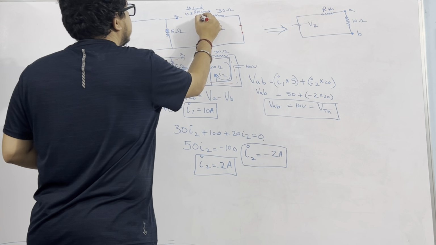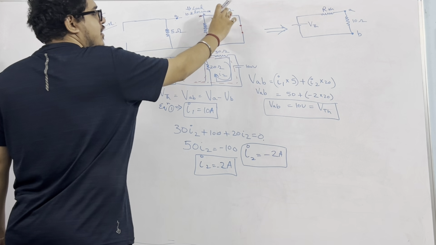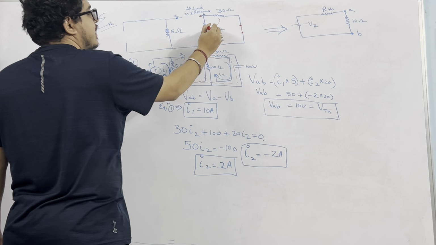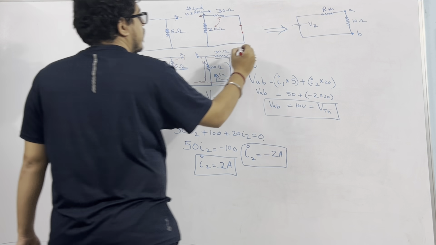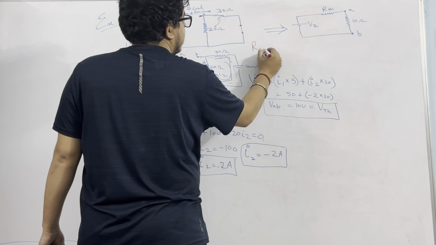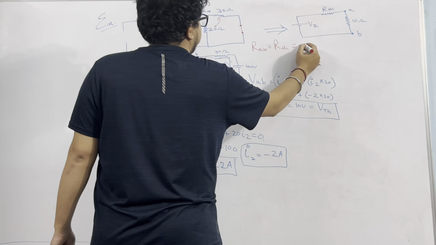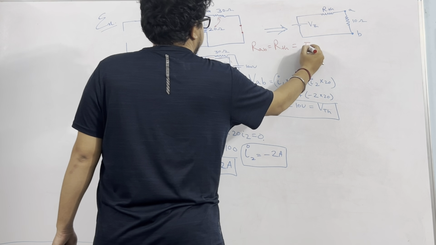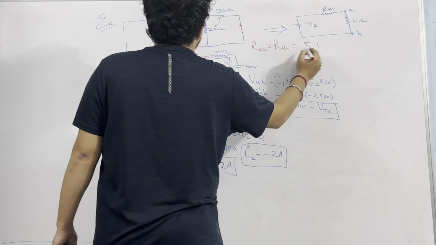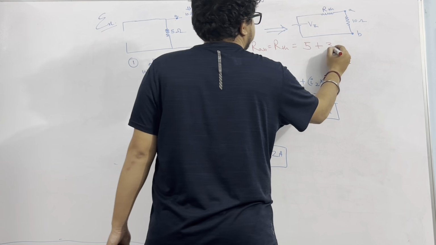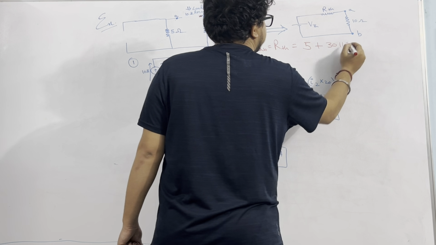So what is the resistance between these 2 points? First of all, these 2 are in parallel, and the resultant of these 2 will be in series with this 5. So RAB equal to RTH will be equal to 5 plus 30 parallel with 20.